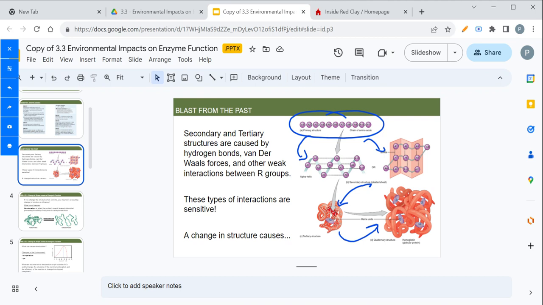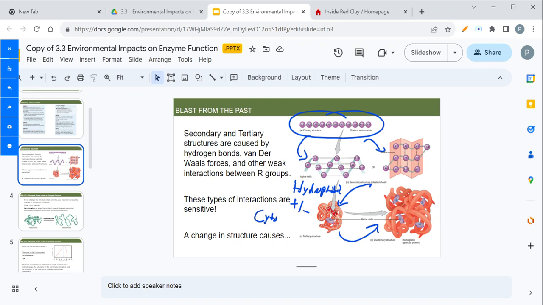Now keep in mind these guys will have hydrophobic interactions, or hydrophilic interactions, or ionic interactions and stuff like that, right? The idea behind this is that they like to be in the cytosol, right?